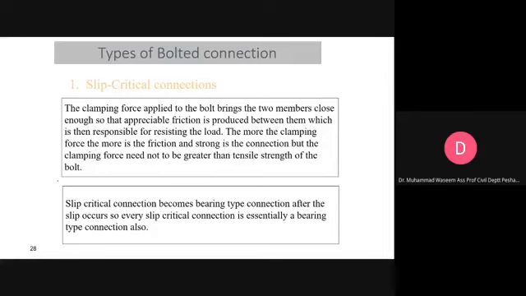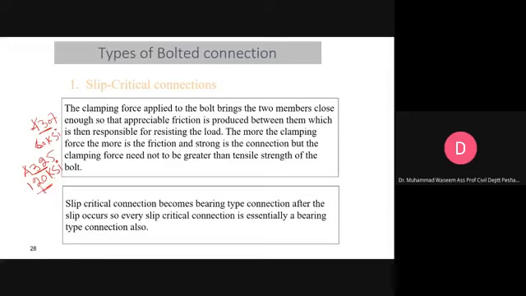What is the tensile strength of A307 bolt? KSI. What is the tensile strength of A325 bolt? This is about 120 KSI.